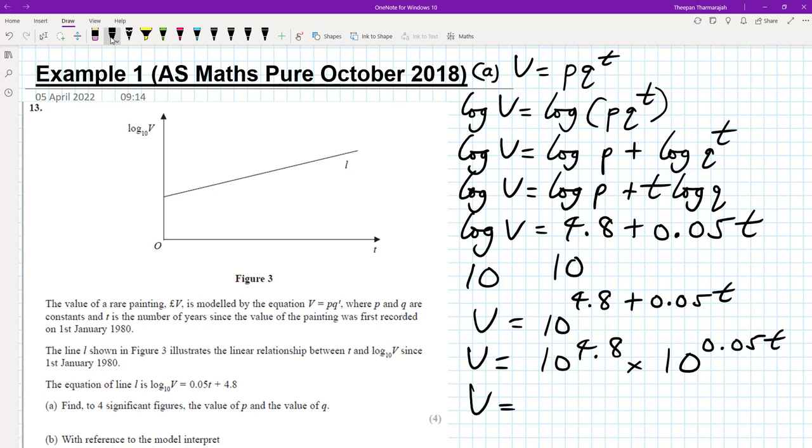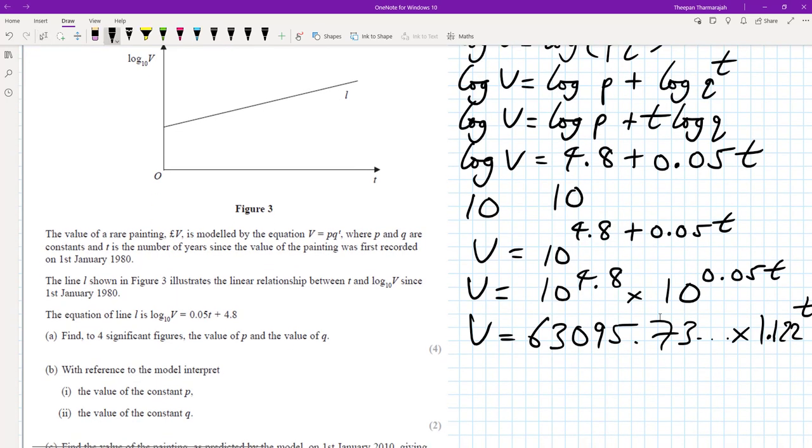So we get 10 to the power of 4.8 is 63095.73 and so on. And we're going to times that by 10 to the power of 0.05. So that's going to give me 1.122 raised to the power of t. So we can now say that we want it in the form of what they've given us.